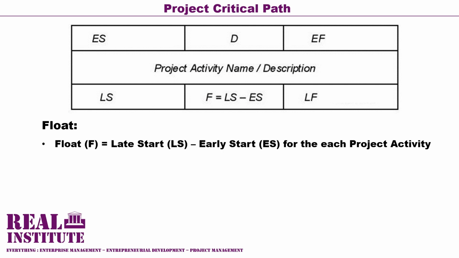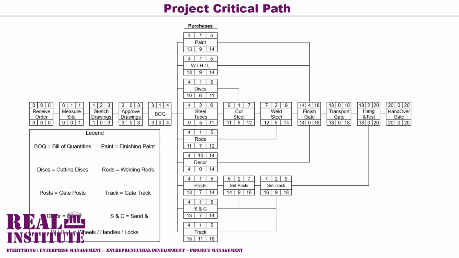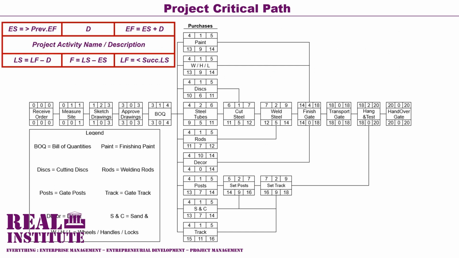This is calculated last. For each project activity, its float is calculated by subtracting its early start from its late start. In our example, the first activity, receive order, has an early start value of 0 and a late start value of 0. Subtracting 0 from 0 yields 0. Therefore, it has a float amount of 0.